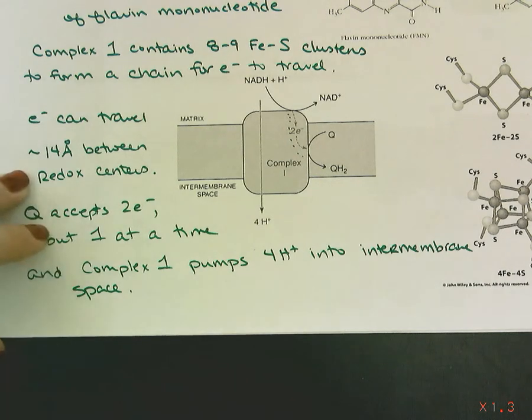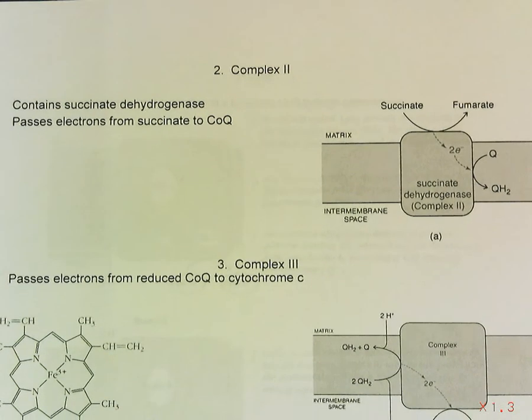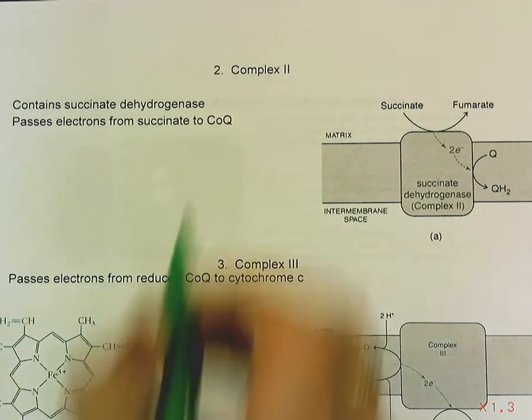Okay. So let's take a look then at complex 2. The other way the electrons can enter into the electron transport chain is through our succinate dehydrogenase, right, from our citric acid cycle.